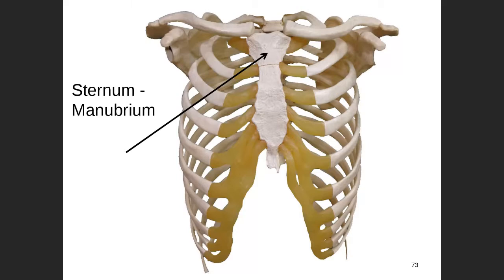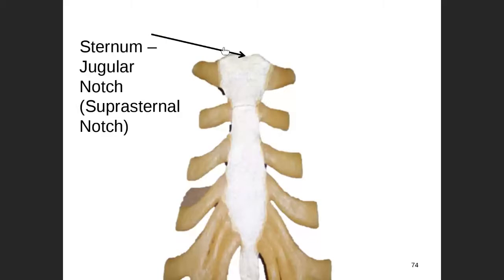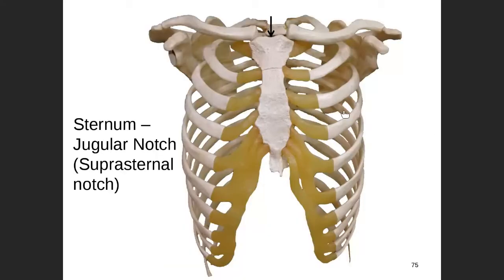On top there, you've got this little indentation here. That's the jugular notch or suprasternal notch. In some cases, it's been known as the sternal notch. That's the space that sits in between the two clavicles. That little indentation there.